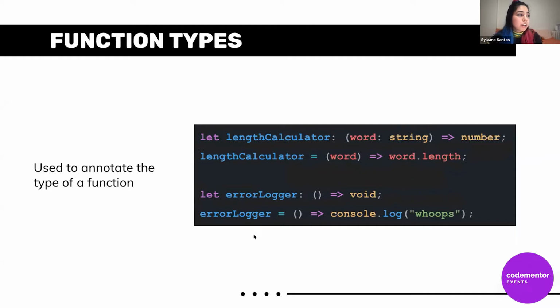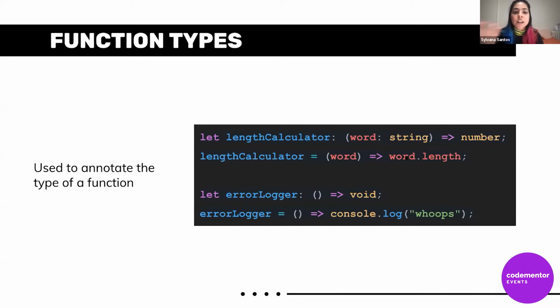Another example here, let's say I have a variable called length calculator. And I tell TypeScript length calculator has a type function, and that function should take in a string and output a number. So an okay value for length calculator would be something like this. I take in a word and then I output the length.